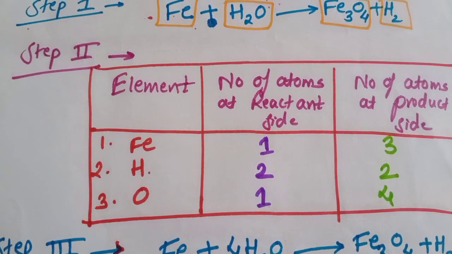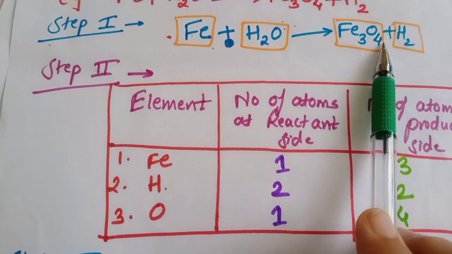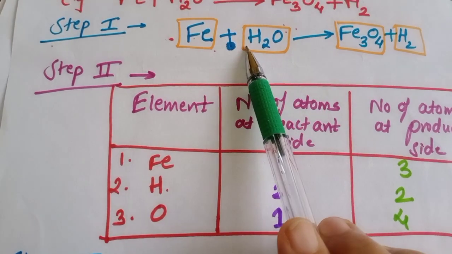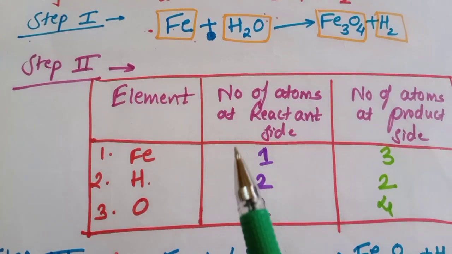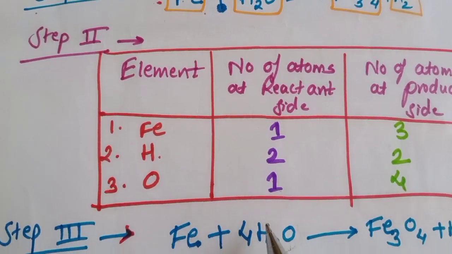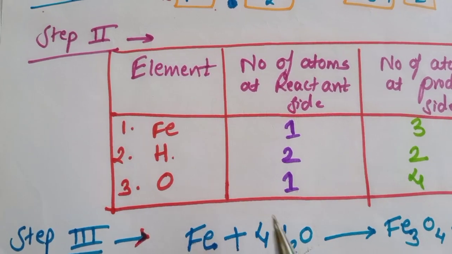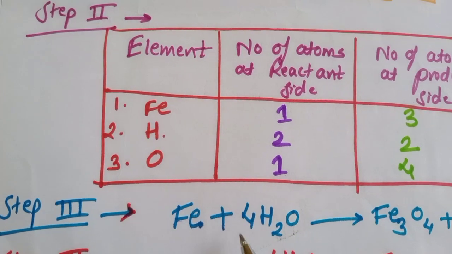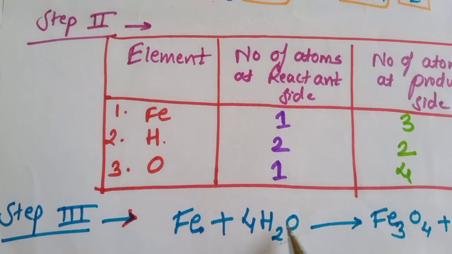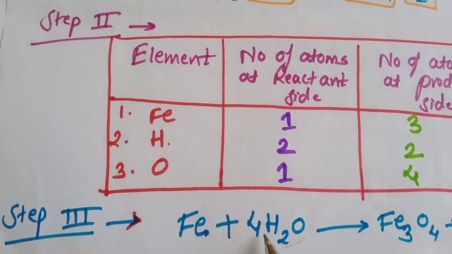So as on the product side there are 4 oxygen atoms, on the reactant side there is 1 oxygen atom. So let us write 4 here. So 4 H2O, and let us check whether the oxygen atoms are balanced on the LHS and RHS.